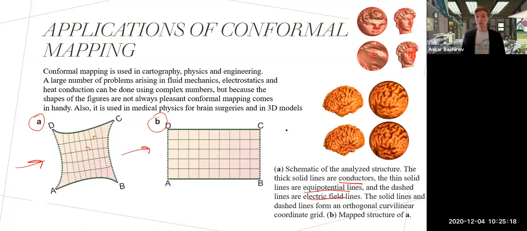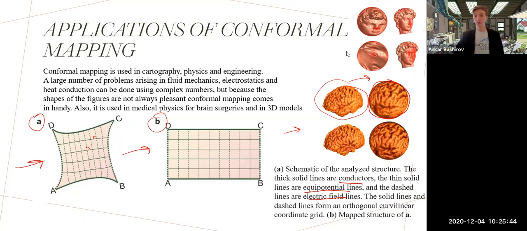It's also used in brain surgeries. For example, for the brain, there is an analytic, conformal function that transforms it onto a sphere, and all lengths are preserved, so you can do operations and surgeries looking at that picture, or the computer can help you looking at that picture, which is really cool.